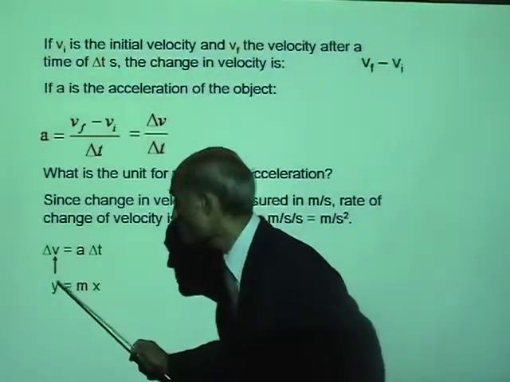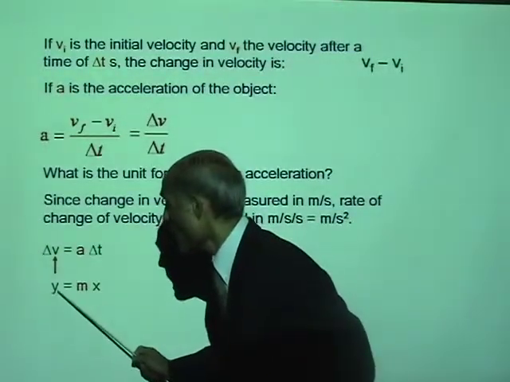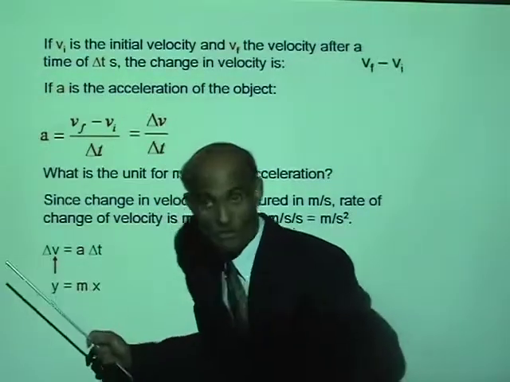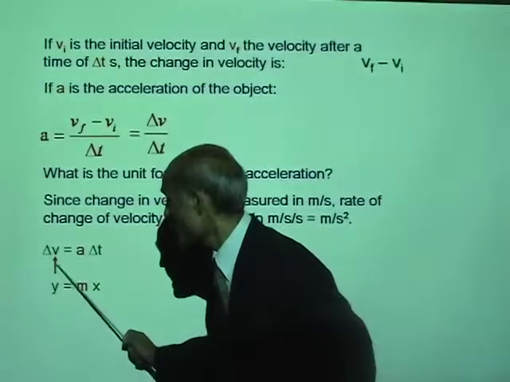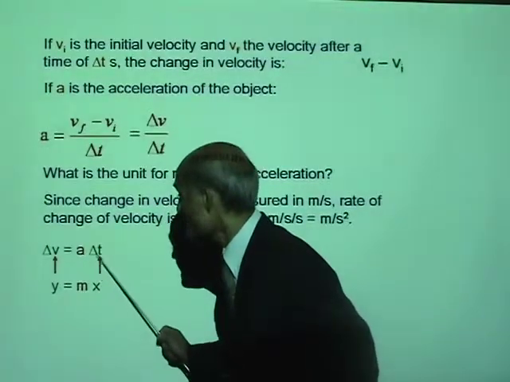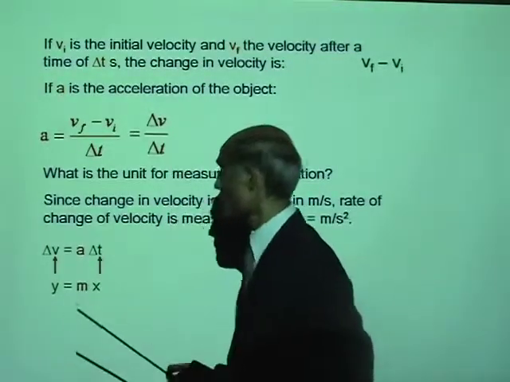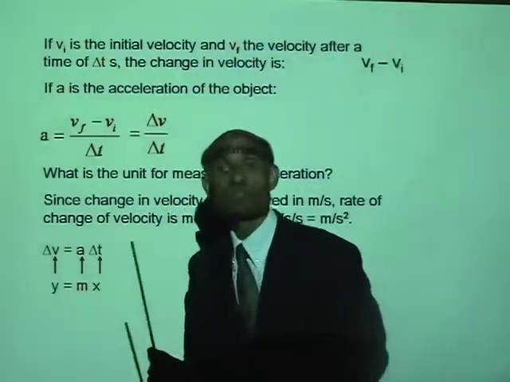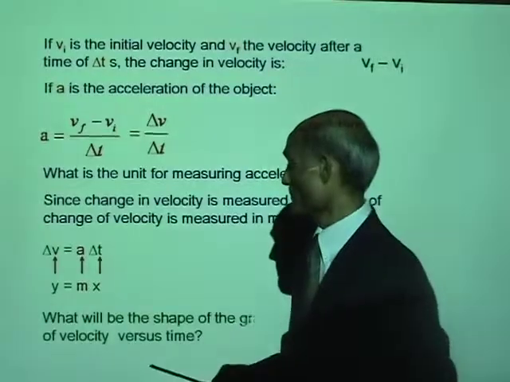That's what this equation means. So y is the change in velocity, or velocity, time is in the position of x, and acceleration is in the position of the slope.